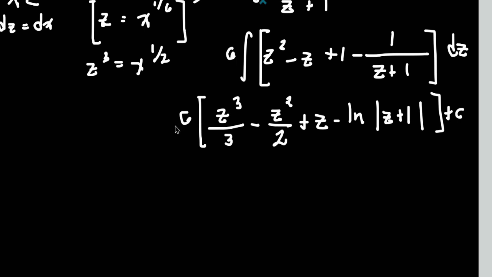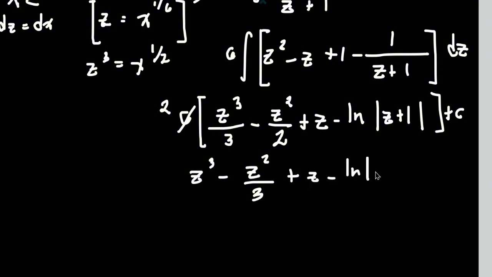And now since we can simplify this, 6 divided by 3 would be just 2, so 2 z raised to 3. Then this could be 2 as well. Minus 6 and 2, that would be equal to minus z raised to 2 over 3, plus z, minus ln of z plus 1 and then plus c.